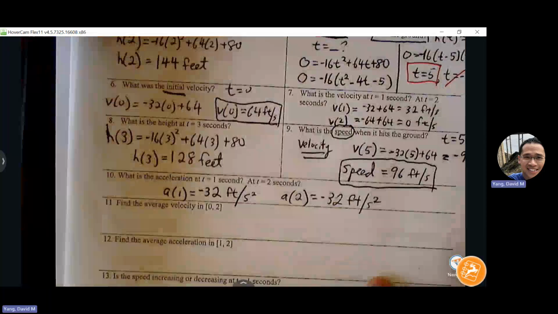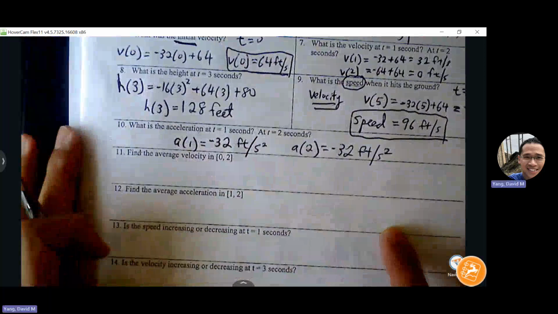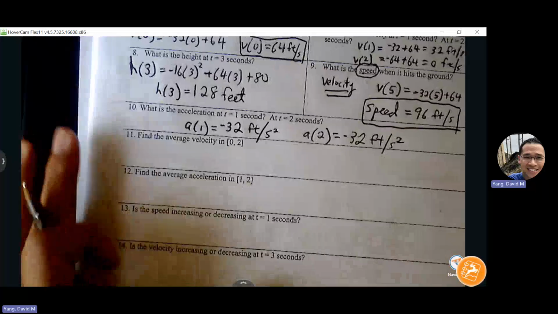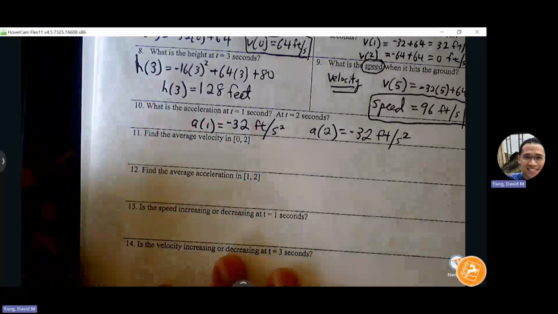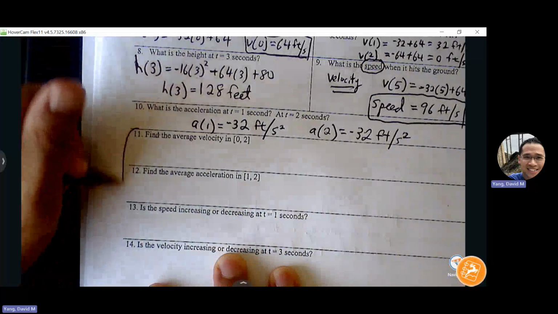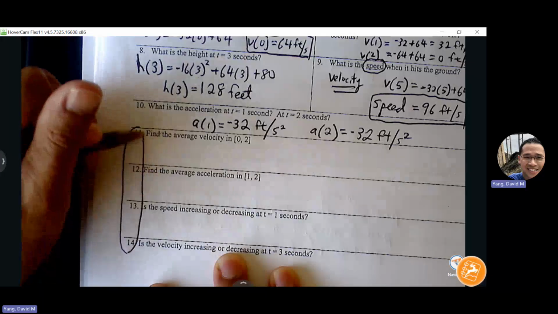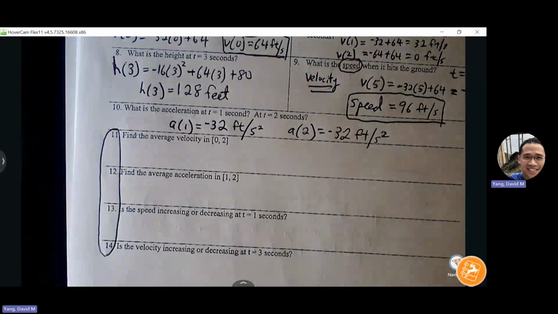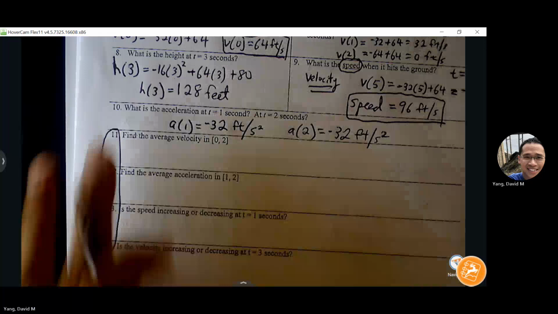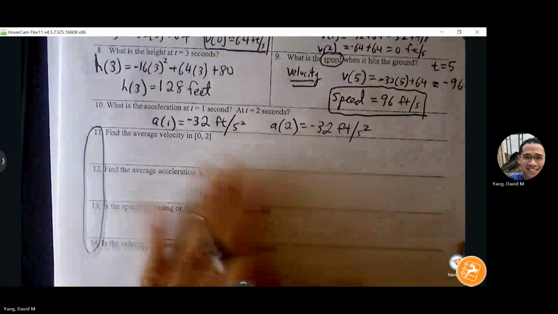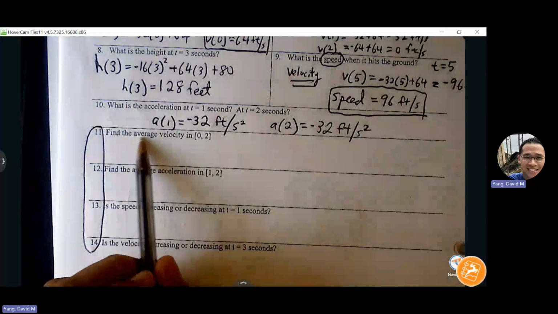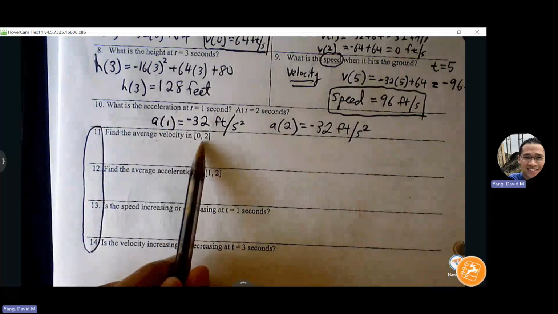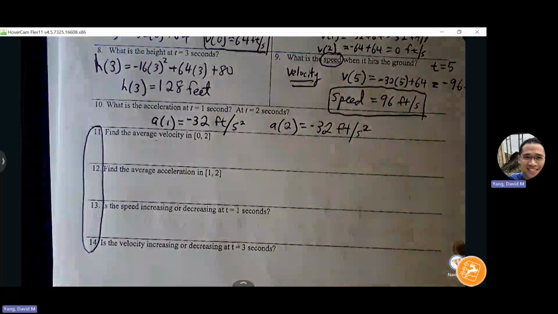All right, so this is where we run into some trouble in terms of mistakes. Circle 11 through 14, because these are the ones we're going to have trouble with. Not because it's hard, just because we have to get used to the wording. It says find the average velocity between 0 and 2 seconds. There's a specific way that we describe average velocity.